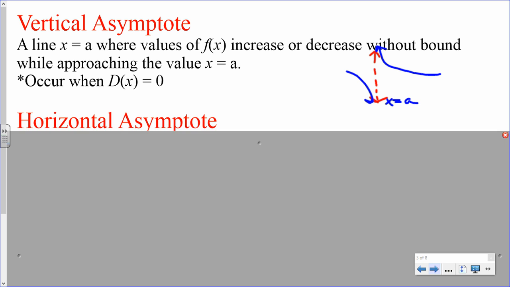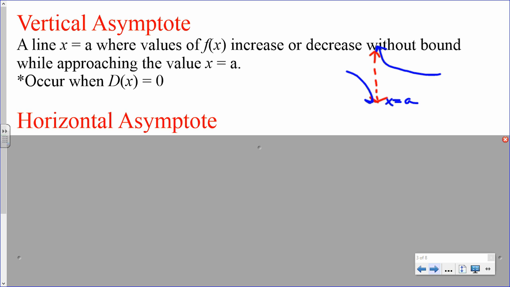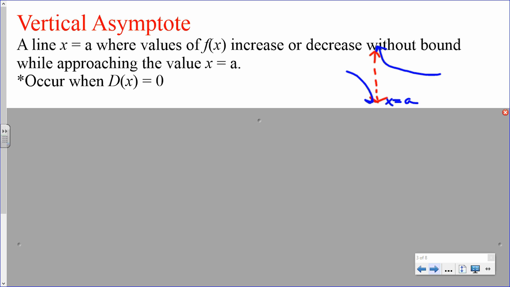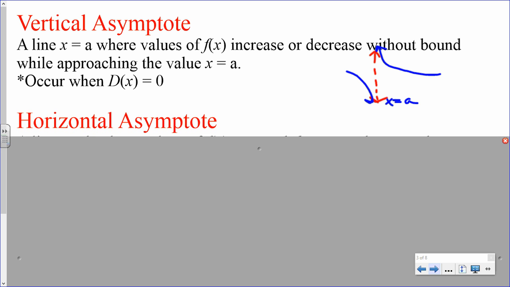All right, horizontal asymptotes. Okay, let me back up one moment. Is it possible to have more than one vertical asymptote? It is. However, in the rational functions we will work with, we will only see one horizontal asymptote, if at all.